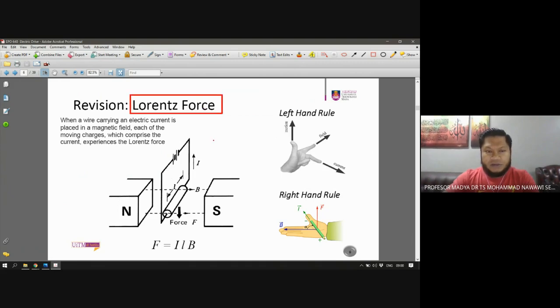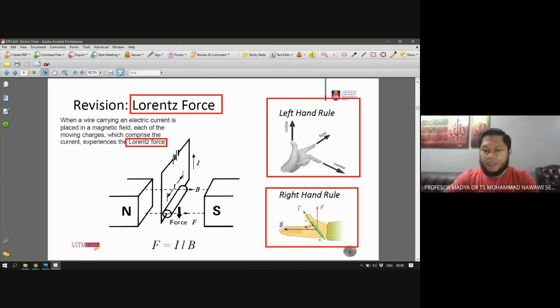The Lorentz force says that when a wire carrying an electric current is placed in a magnetic field, each of the moving charges which comprise the current experiences the Lorentz force. And you can determine the Lorentz force by using the left hand rule, or you can also use the right hand rule using the palm, the fingers, and everything. Okay? So you can use that to determine the direction of the force.